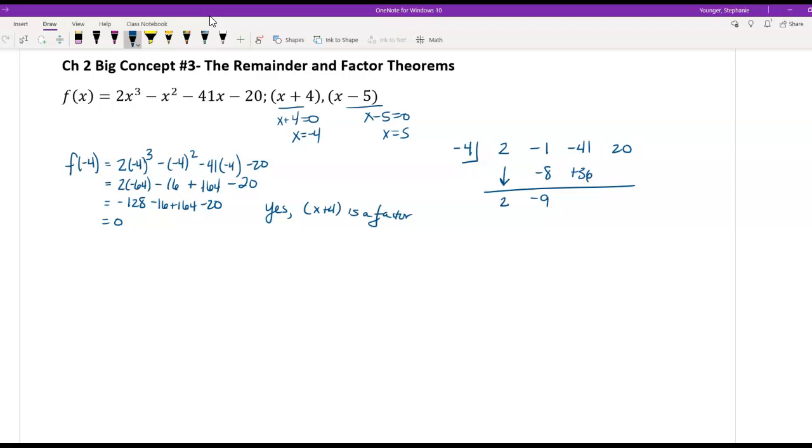Negative 41 plus 36 is negative 5. Negative 4 times negative 5 is positive 20. So here we have a 0, which is our remainder. So my factored form now is x plus 4 times 2x squared minus 9x minus 5. So that is a factored form.